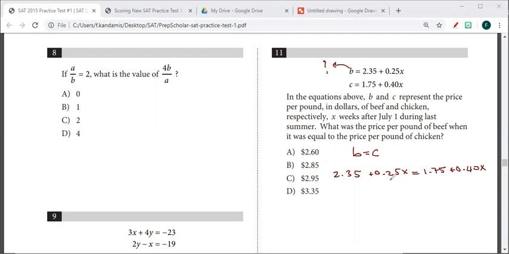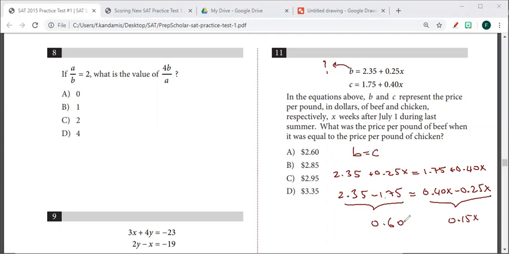Just rearrange the equation to collect all the x's on one side and the constants on the other. 235 minus 175 equals 0.40x minus 0.25x. This part becomes 0.15x and this part becomes 0.60.